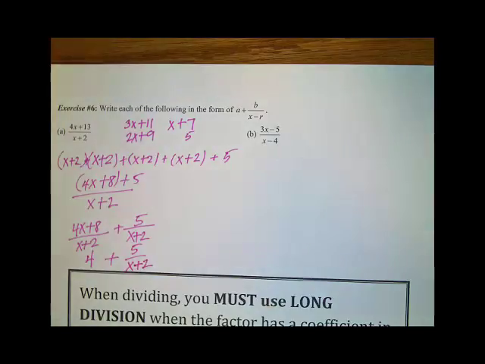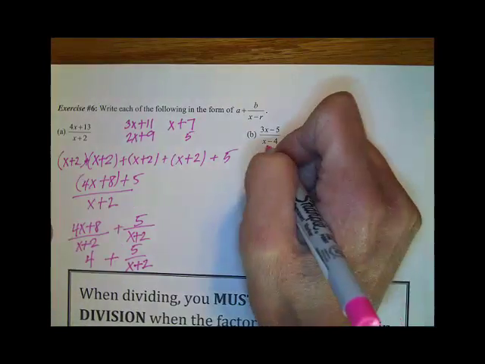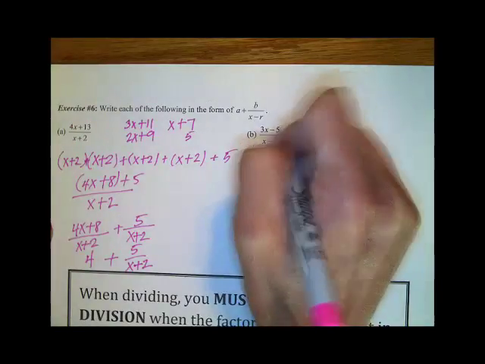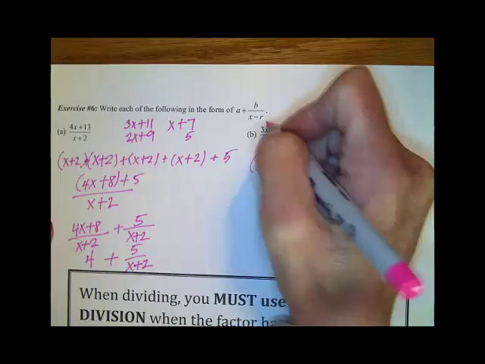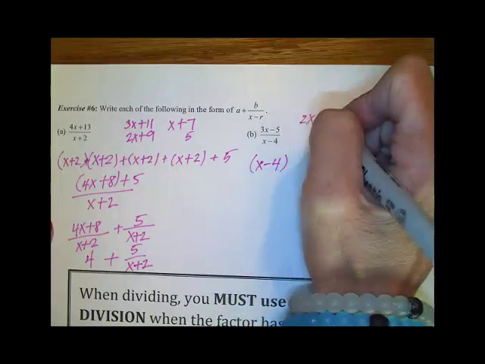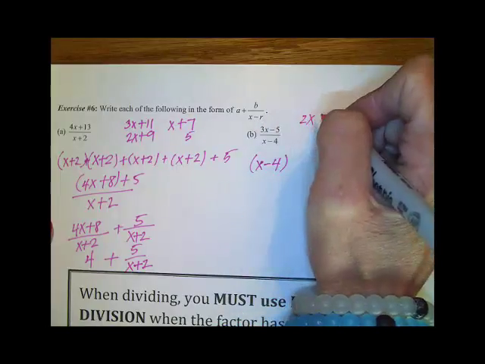Whew. Hope you're okay with that. If not, make sure you ask. Let's try this next one. Alright, so we're dividing by x - 4. So how many x - 4's can we take out of the numerator? Well, we can take out 1, x - 4. If we take that out, we have 2x - 1 left.